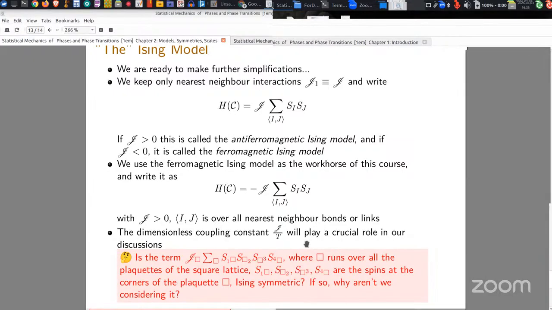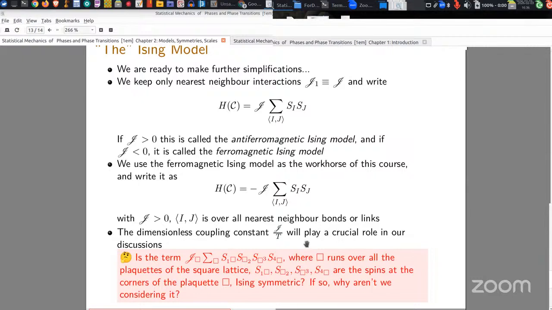So in principle, of course, if you start with a symmetry, you have to write out all terms that are allowed by symmetry. And the remarkable thing is that even if we don't write down all terms allowed by symmetry, we can still predict the critical exponents, because it turns out that only a few of them are important to determine the critical exponents.